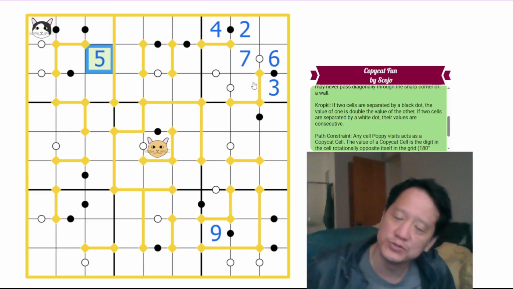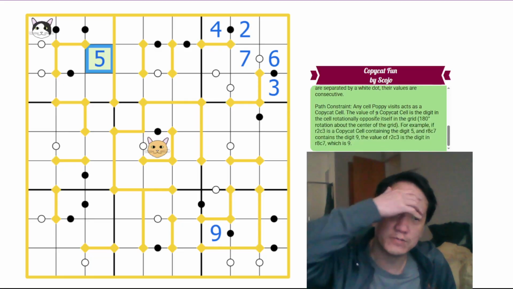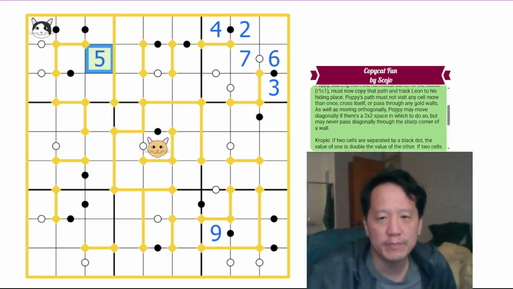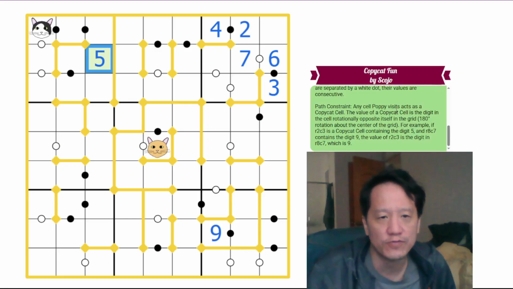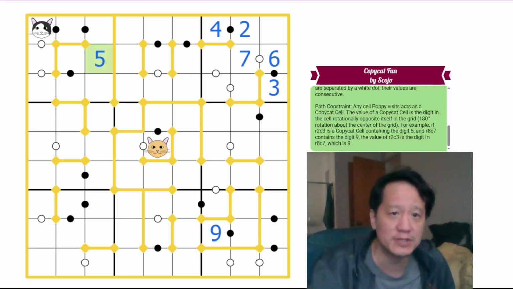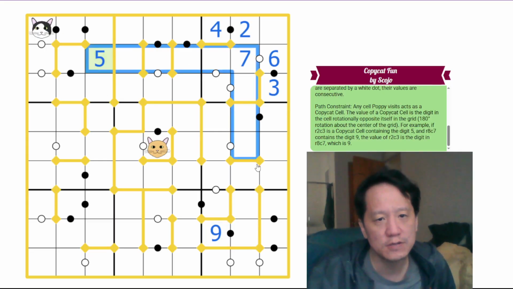Those are all the rules too. I'm trying to get my mind around how this works then. Every cell that Poppy passes through or visits is a copycat cell, where it copies the digit, not the value. It copies the digit that's 180 degrees opposite of it, rotationally.